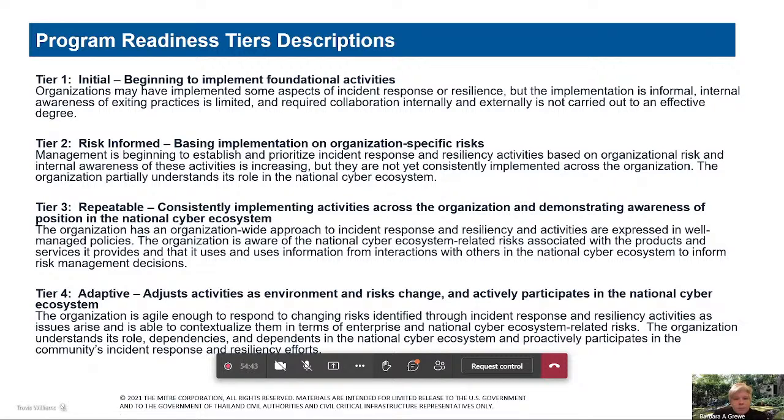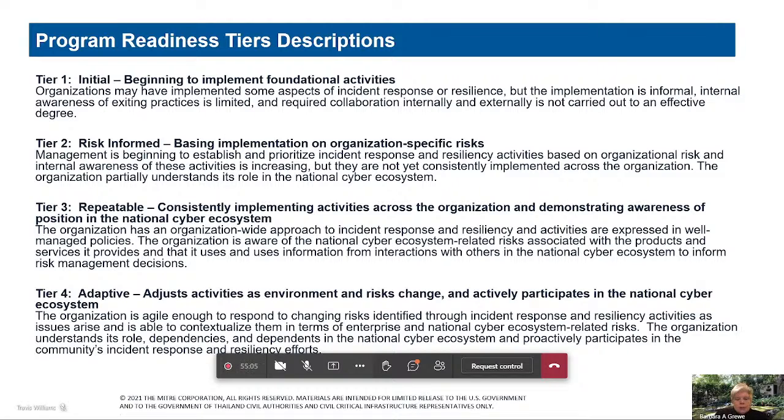Now for the program readiness, which is on the left-hand side, we have 4 tiers that talk about the organization's overall progress in implementing program management. Each of these tiers builds on the previous tier. So tier 1 is the initial.